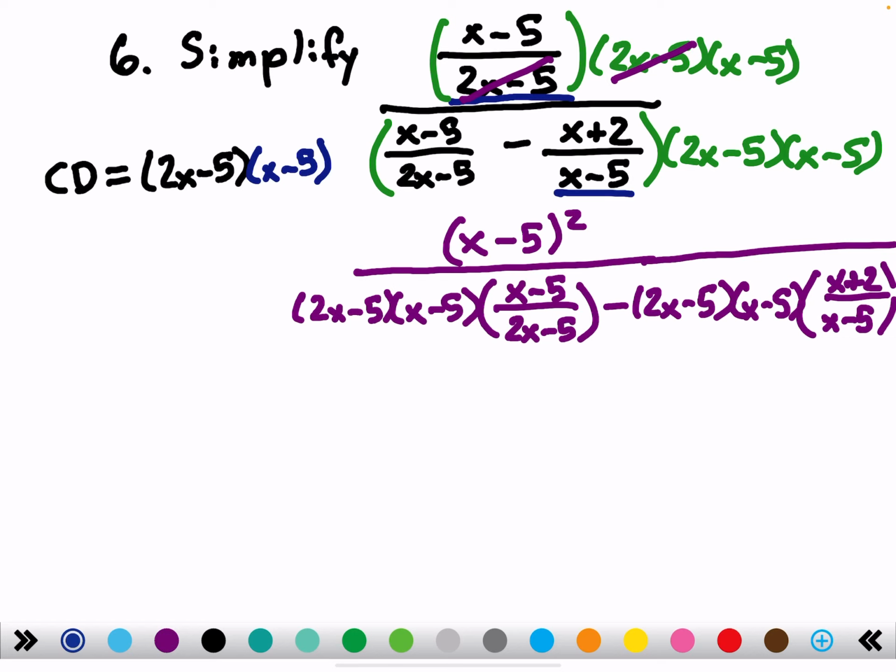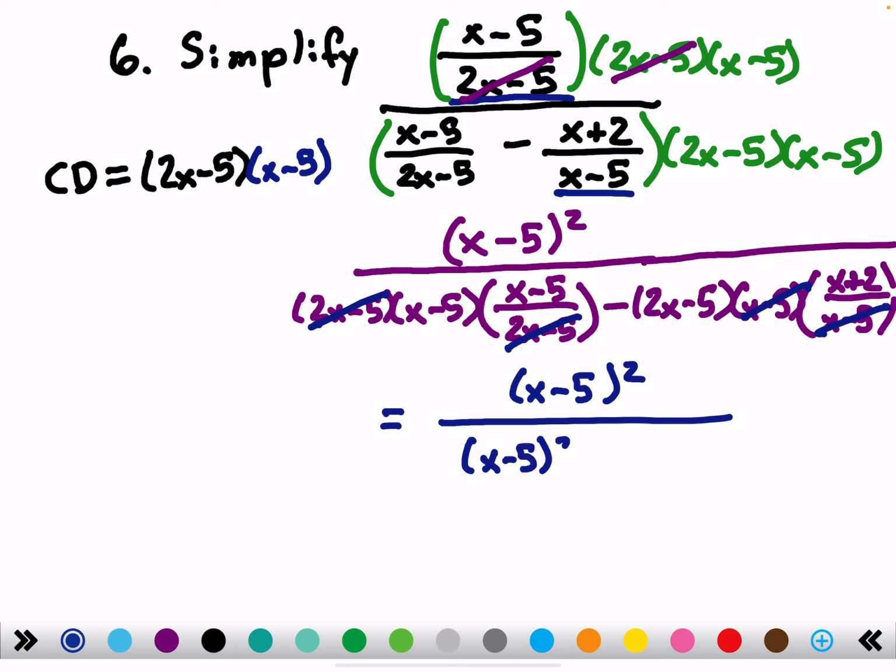Let's cancel out our like factors in the denominator. So the one on the left, the 2x minus 5's cancel. Second one on the lower left in the denominator, the x minus 5's cancel. So let's simplify this all up. So this is x minus 5 quantity squared over, first on the left, x minus 5 times x minus 5 is just x minus 5 quantity squared, minus 2x minus 5 times x plus 2.